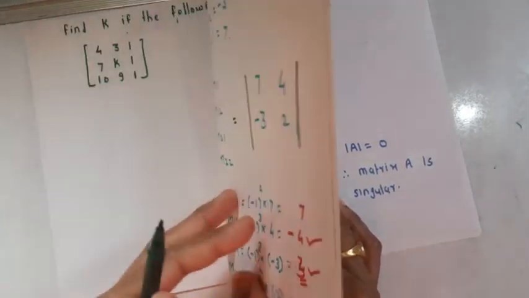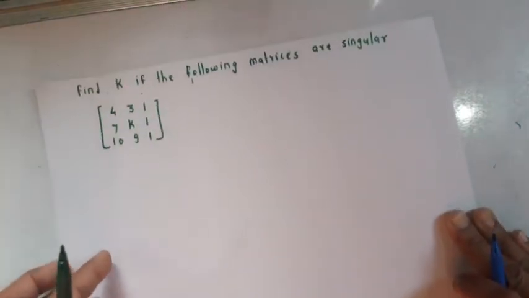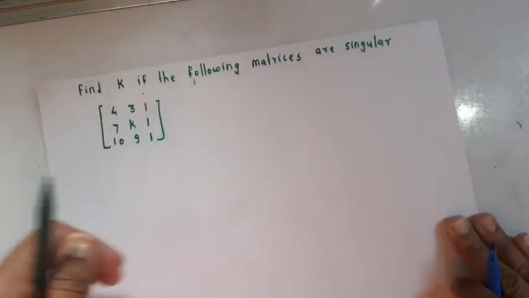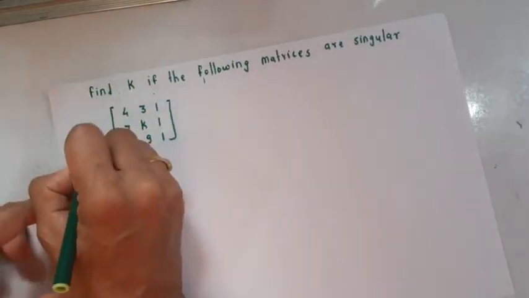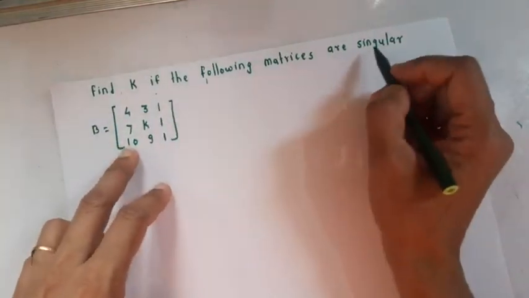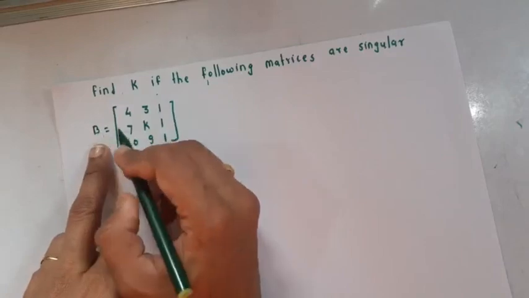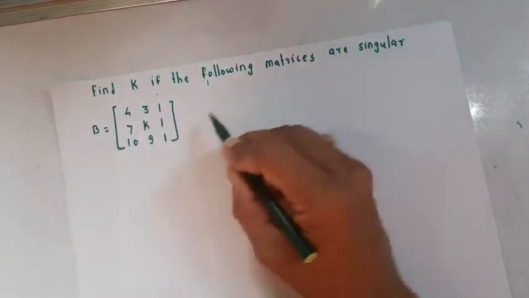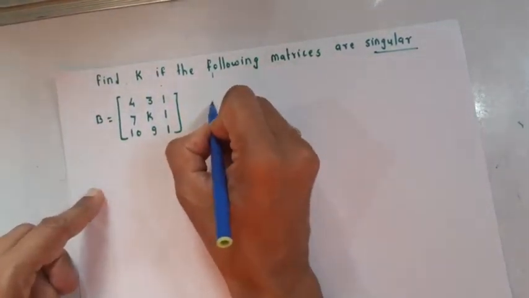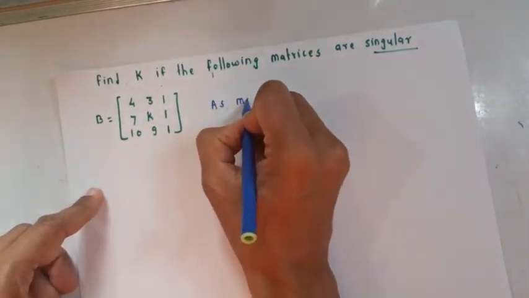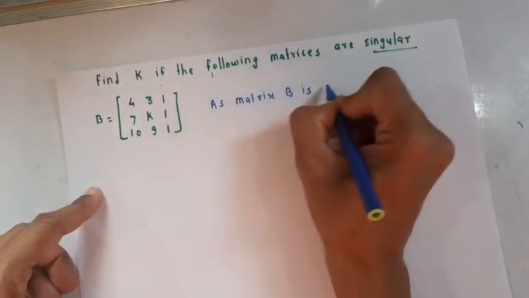Now let us take another example. Find K if the following matrix is singular. Suppose this is the matrix B, and matrix B is singular.